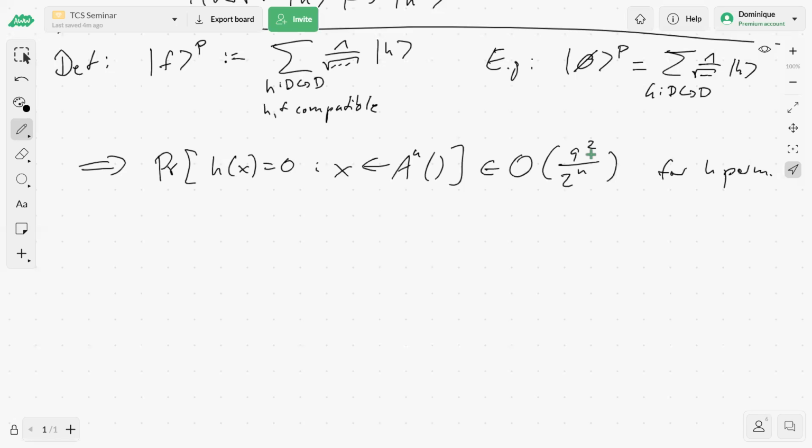And your technique is to get a probability of outputting a pre-image of 0, but can it also be used to record the queries for a random permutation or not? I mean, it depends what you mean by recording. The invariant will have a list of the queries.